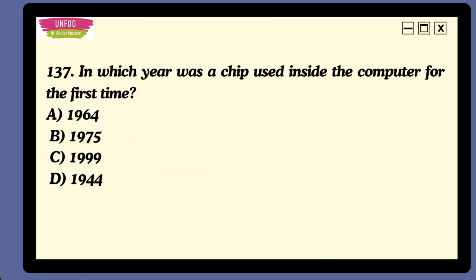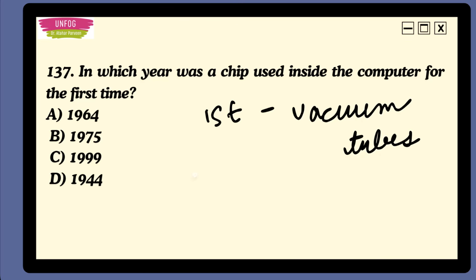Next, in which year was a chip used inside the computer for the first time? So for this you have to recall the first question that we discussed, question 126. What did I say? In first generation we used vacuum tubes. In second generation we used transistors.